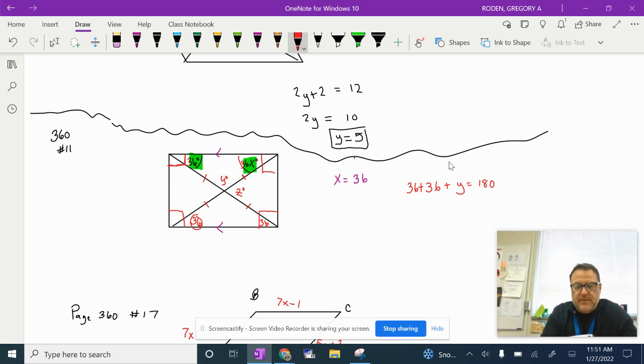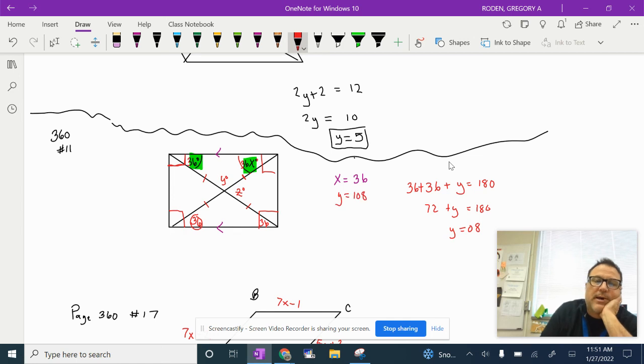Let me get my calculator out so I don't make a mistake online. So 36 times 2 is 72. So this is 72 plus y equals 180. And then you can take 180 and subtract 72 and you get 108. So y equals 108. Okay?